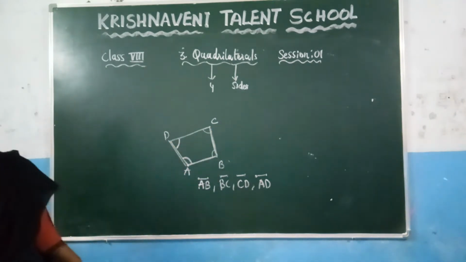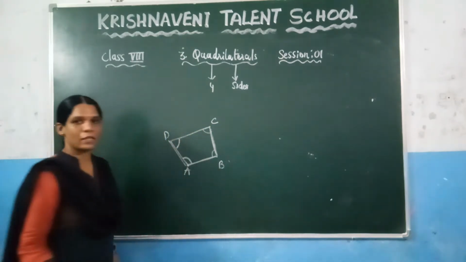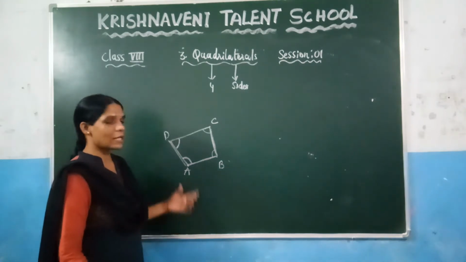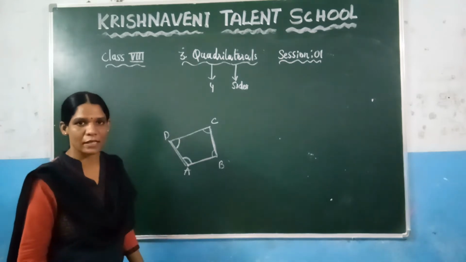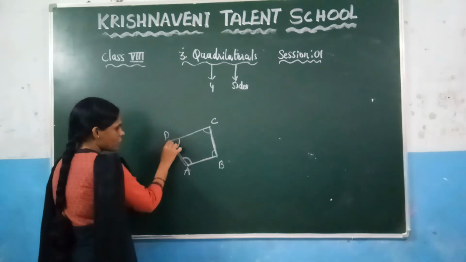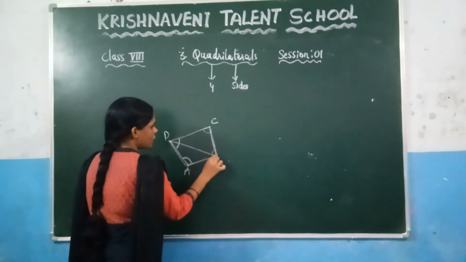Now talk about the diagonals. Before talking about the diagonals, what is meant by a diagonal? A diagonal is the line segment that is formed by joining opposite vertices. That means here you know that this is a vertex. What is the opposite vertex? Which is nothing but this vertex. Now join a line segment here.